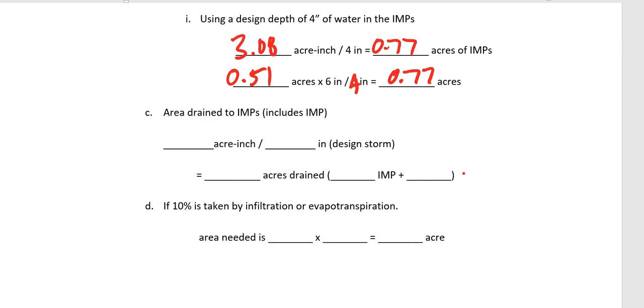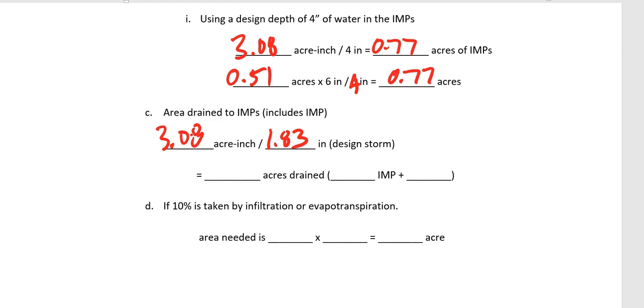I don't need to have this whole site drain into the rain garden. I have 1.3 inches of my design storm, so I need to collect 3.08 acre-inches. Acre-inches divided by inches gives me acres.